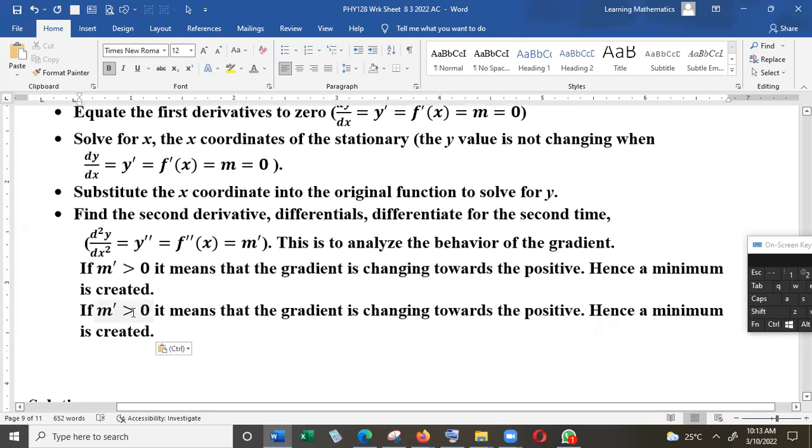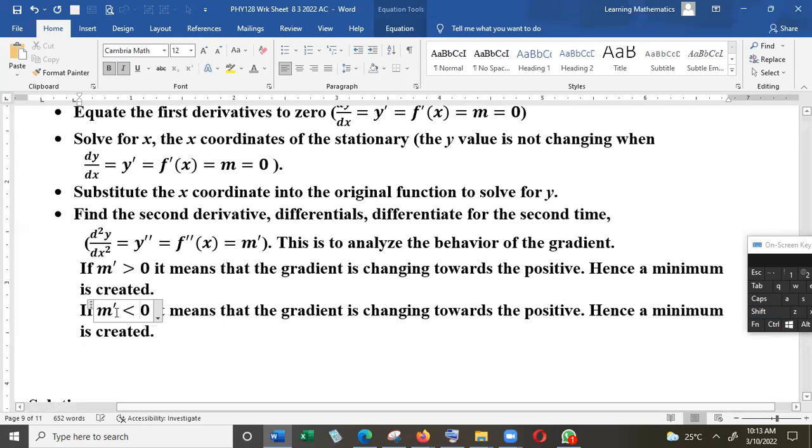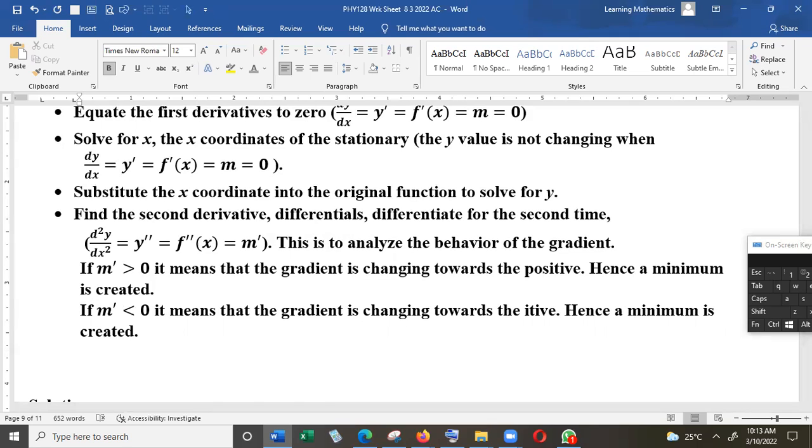If the gradient is changing negatively, that means m prime is less than 0. M is the gradient itself, but m prime is how the gradient is changing. So if m prime is less than 0, that means the gradient is changing towards the negative. Hence, a maximum is created.